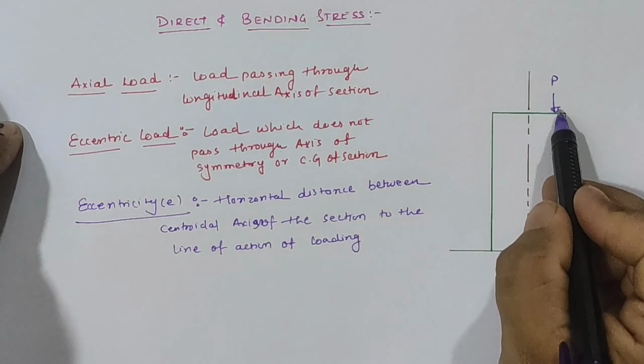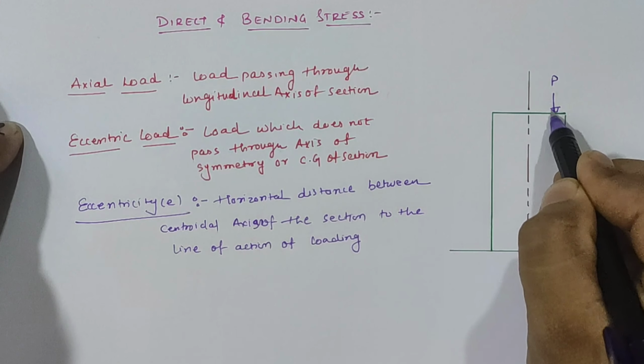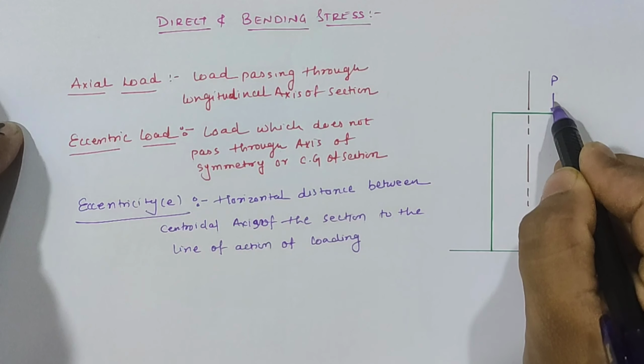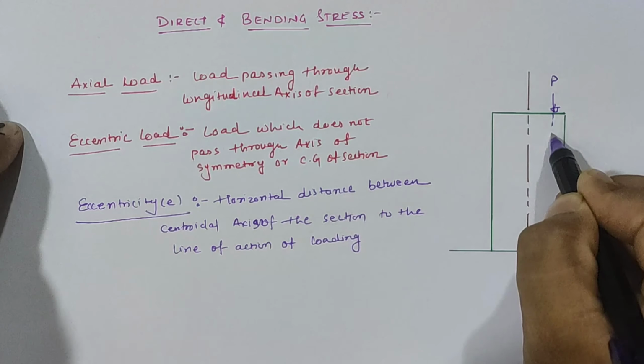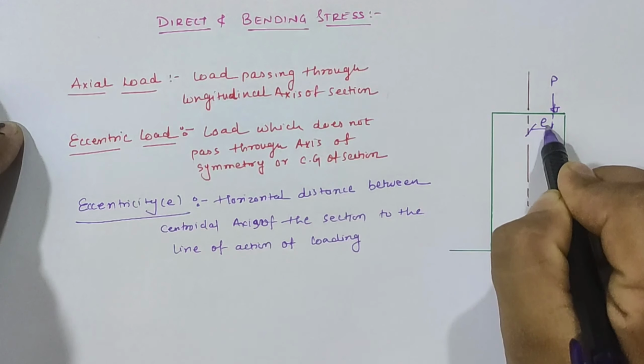It means that if a load is given on the column as shown in the figure, then the distance between the CG of the axis to the application of load, or line of application of load, is defined as the eccentricity.